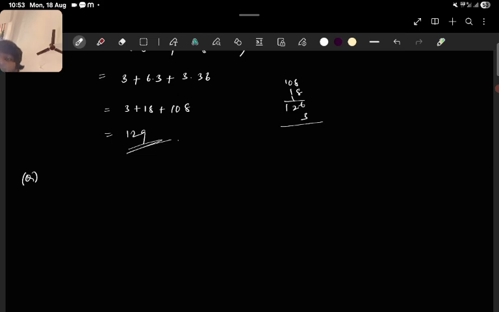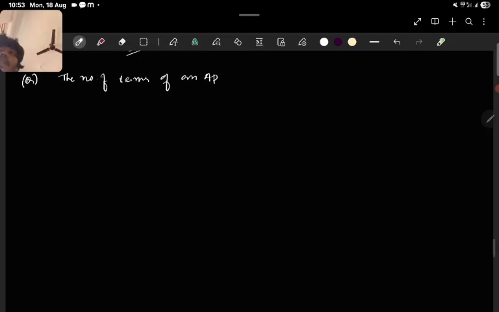Okay, the number of terms of an AP is even, then the sum of all odd terms is 24.